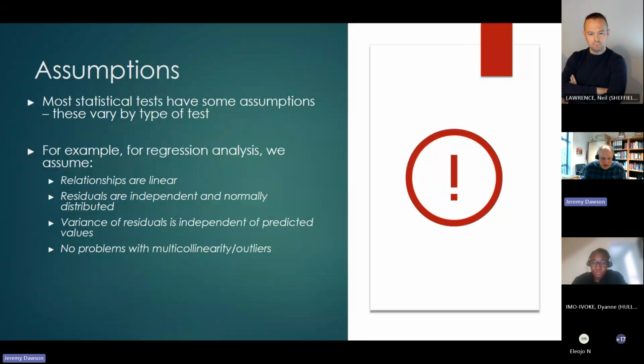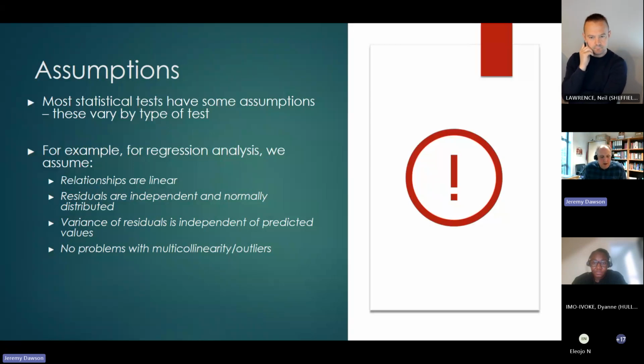That's the assumption sometimes known as homoscedasticity. And then also that there are no problems with multicollinearity, so extra large correlations between your predictor variables, or outliers, so those cases that have an undue influence on the result because they are very different from a lot of other cases in their values.